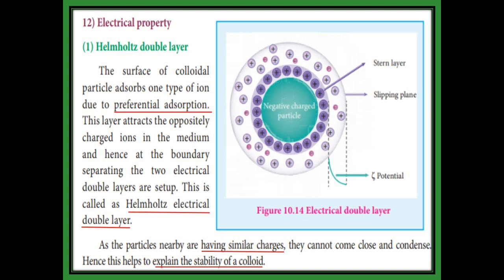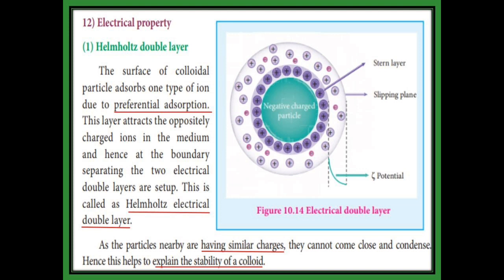The colloid never precipitates because the negatively charged particle adsorbs the positive ions from the dispersion medium, and the remaining positive particles in the dispersion medium are never attracted by the positive layer. That layer is called the Stern layer here.